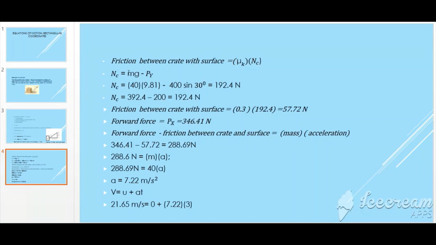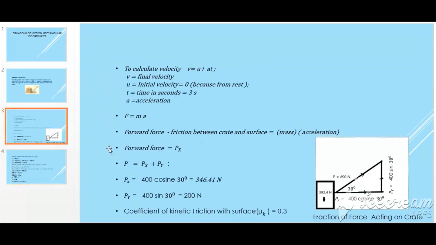So the normal force of the crate equals the weight of the crate, that is m times gravitational acceleration, minus the upward force, that is Py, because the weight of the crate acts downward and Py acts upward. So this one is 392.4, that is 40 times 9.81, and this one is 200.